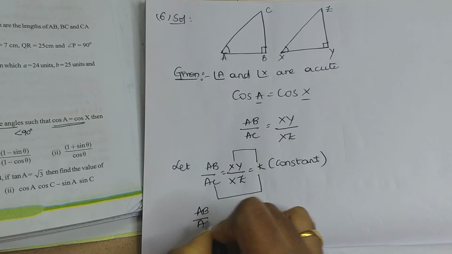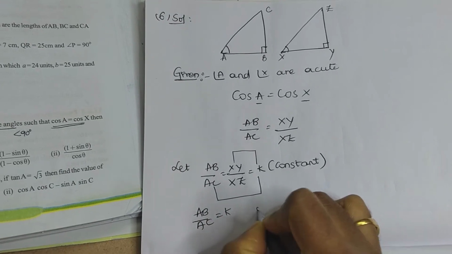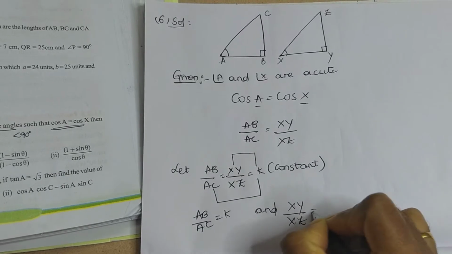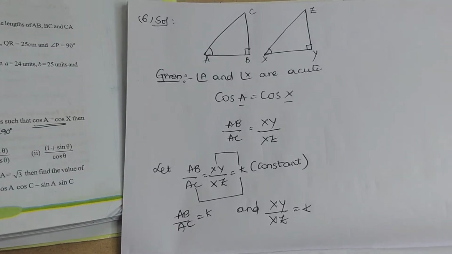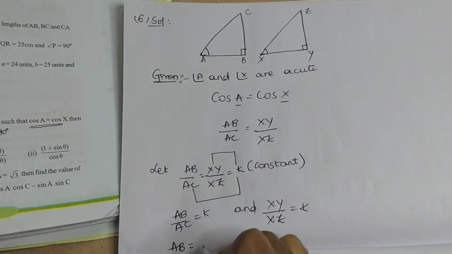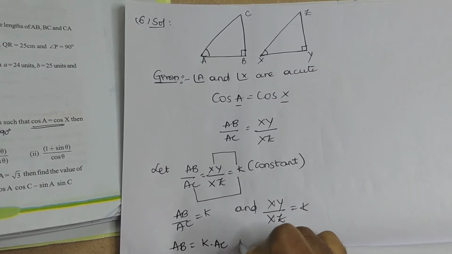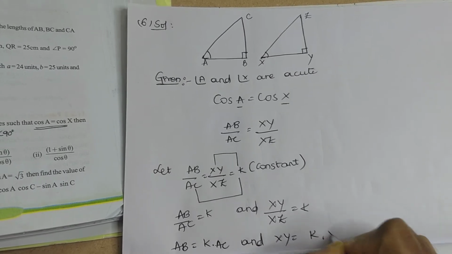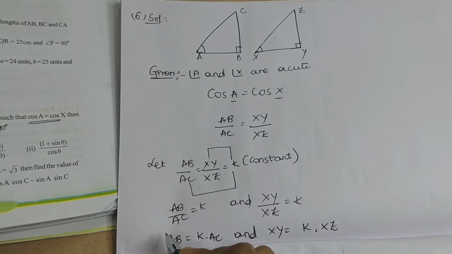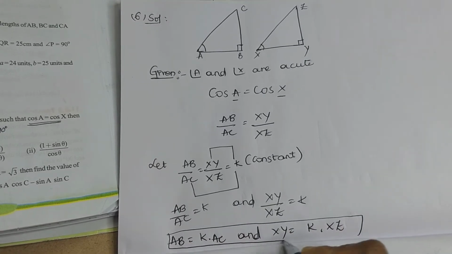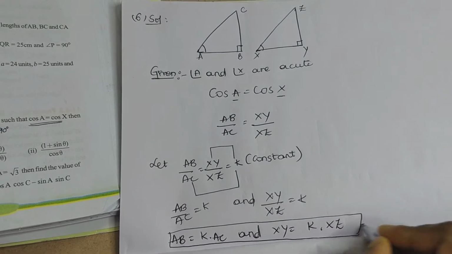AB by AC equals K and XY by XZ equals K. Correct? So from this we can write AB equals K into AC and XY equals K into XZ. Let us put this into a box and call it equation 1.